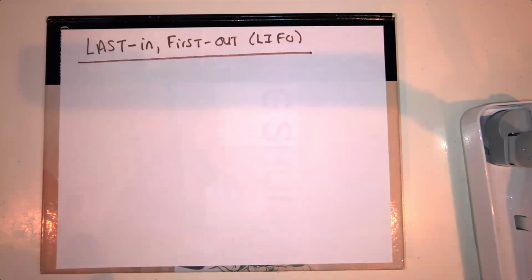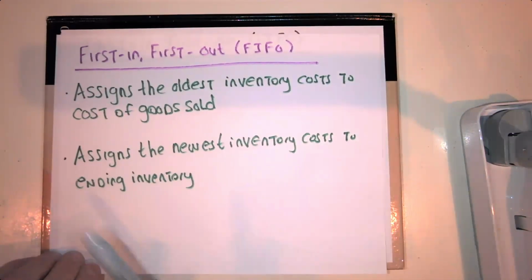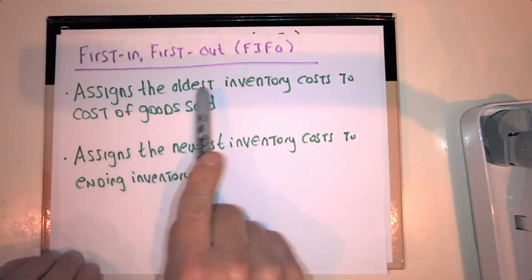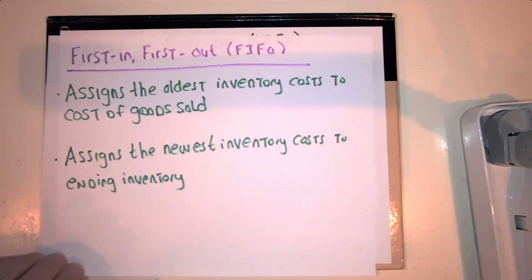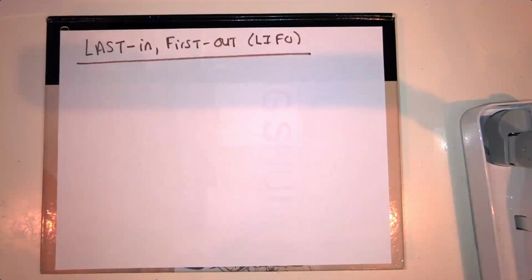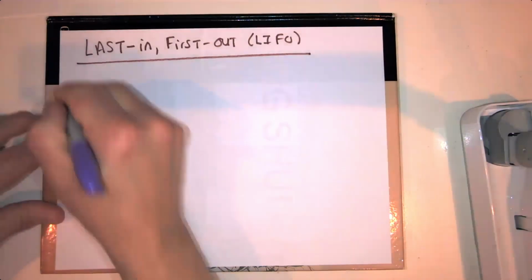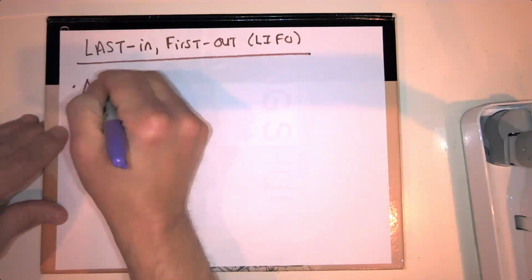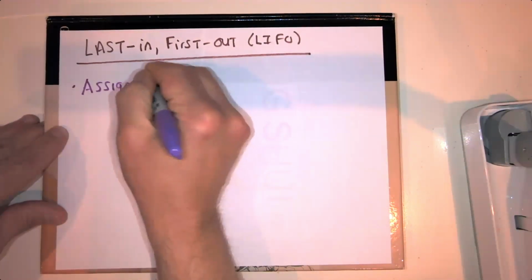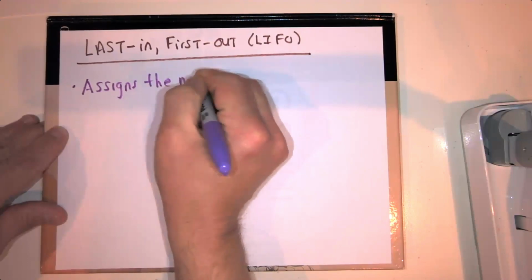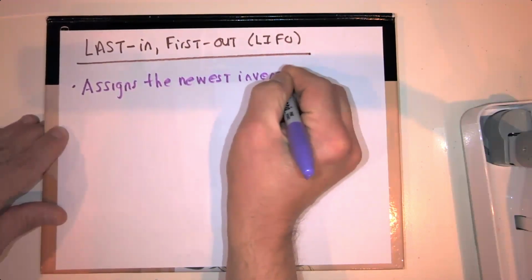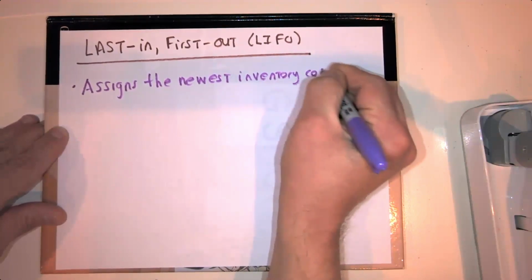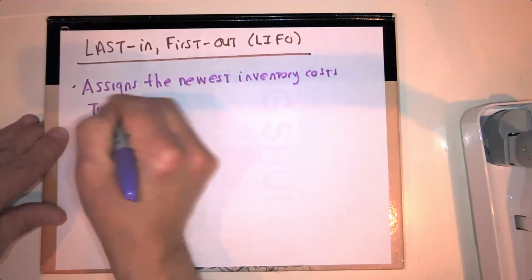Whereas FIFO assigned the oldest inventory costs to cost of goods sold, LIFO assigns the newest ones, exact opposite. So this technique assigns the newest inventory costs to our cost of goods sold.